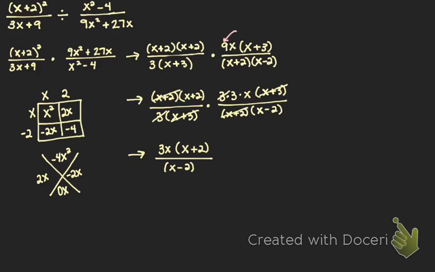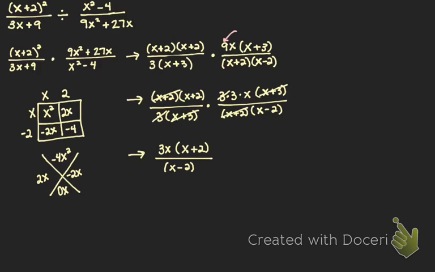We just want to double check to make sure that nothing will simplify to create a giant 1. And so we have a 3x in the numerator, which we do not have in the denominator, so we cannot cancel out the 3 nor the x. We also have an x plus 2 in the numerator, but an x minus 2 in the denominator. So since those are different, we cannot simplify or cancel out any of those terms.